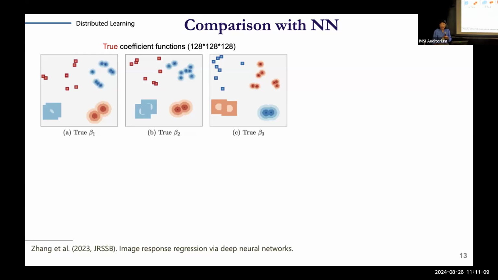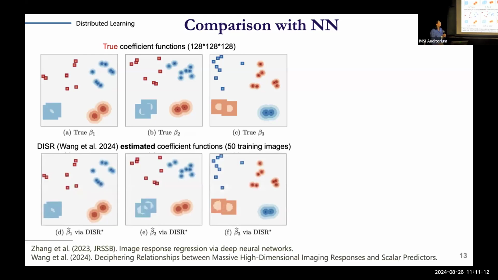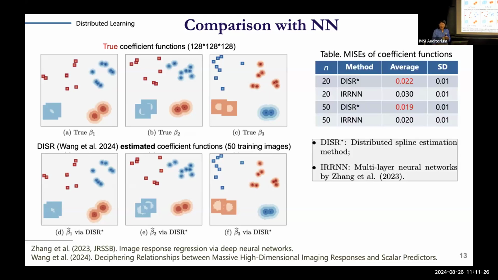And then we apply our distributed spatial regression methods, and this is our estimated coefficients. You can see it can capture some very complex patterns that can be done by neural networks. In terms of numerical comparison, our method is similar to the neural network method.